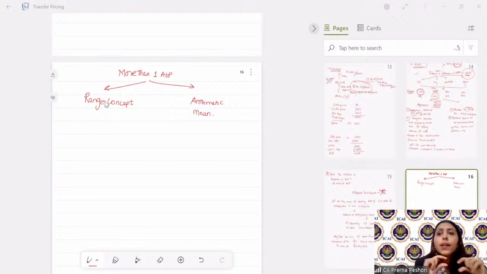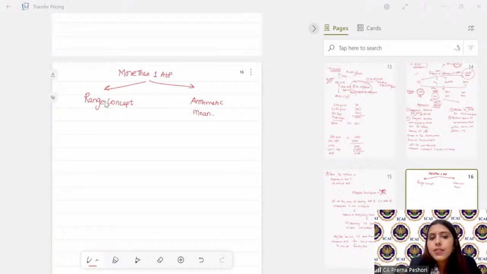So there will not be one single ALP arrived at, but here you will have a range, a starting point and an ending point. Say for example, the starting point is 1000, the ending point is say 5000. So if your selling price or purchase price is say 3000, you are at ALP. If you fall within that band of 1000 to 5000, you are at ALP.